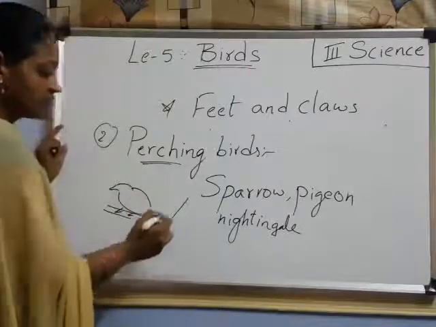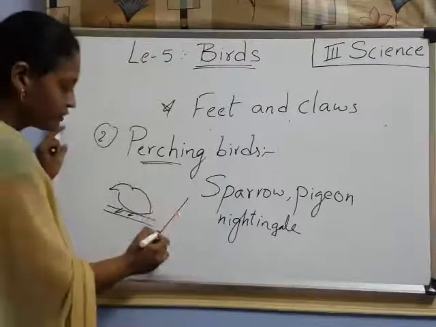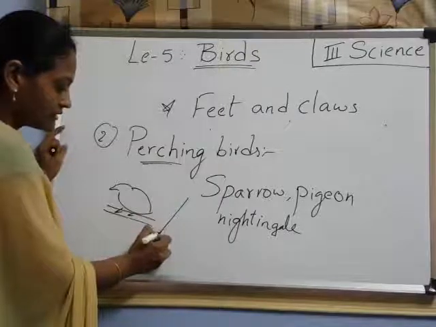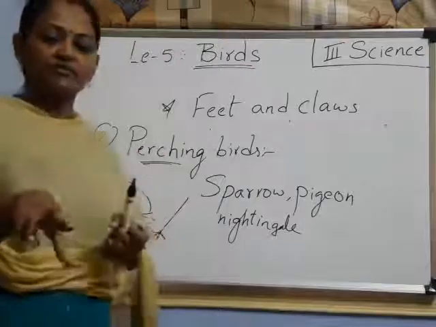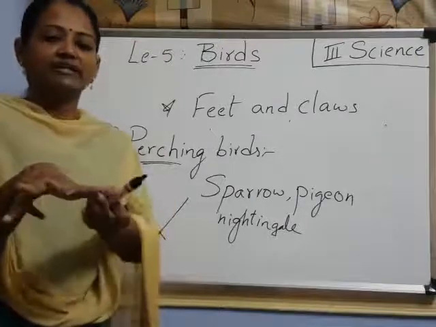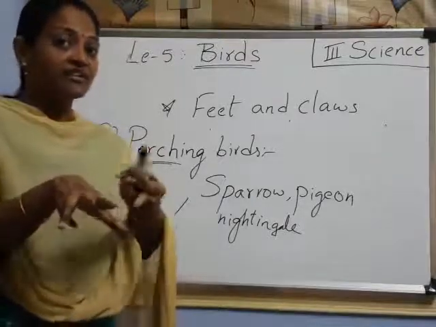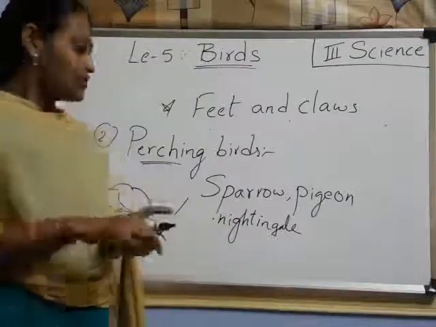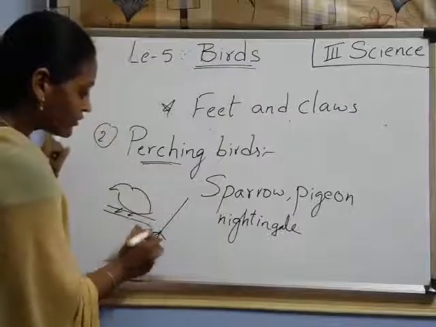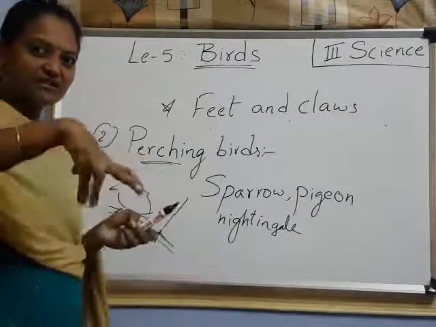The foot has 3 toes in front and 1 toe at the side, behind, like this. So that they are holding the branch tightly, isn't it?